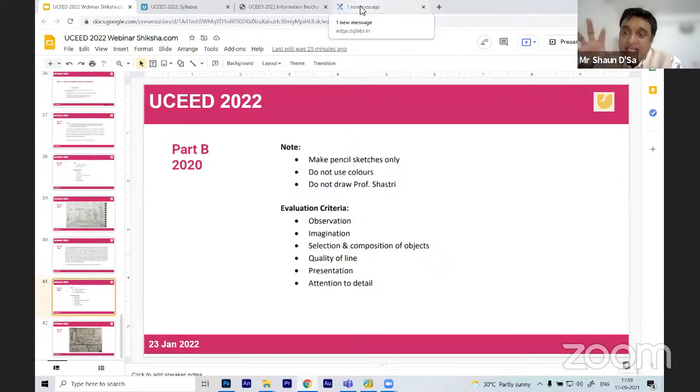Where there is no negative marking, you can just put some answer because you've got nothing to lose. You can flag it. Go fast through the paper. Divide the 240 marks with the time that you have, 2.5 hours, and follow your own strategy.